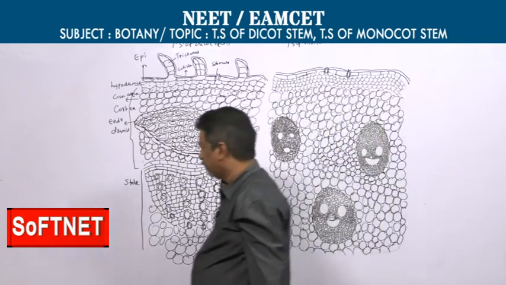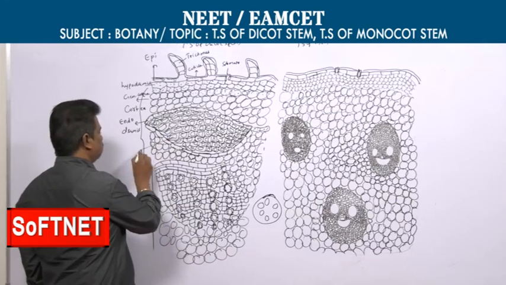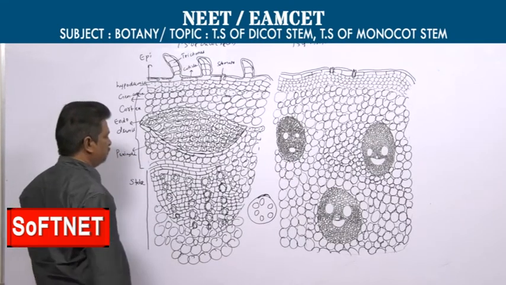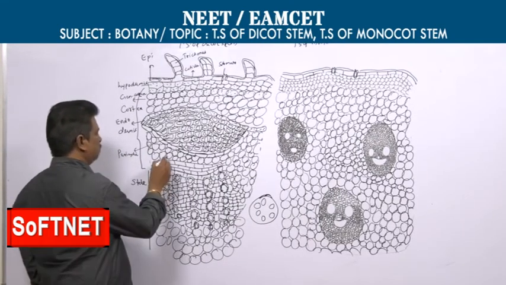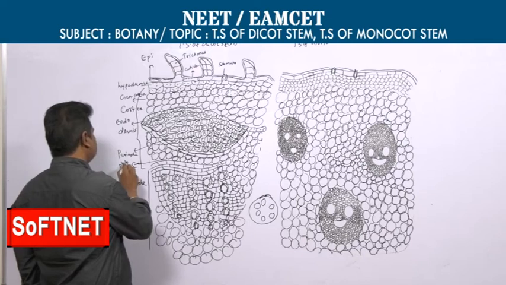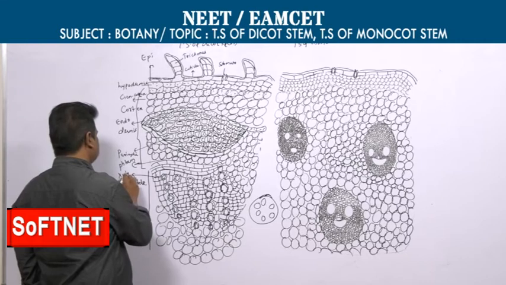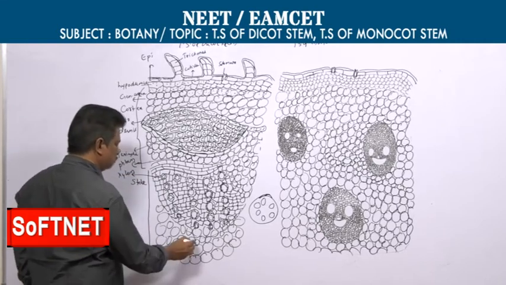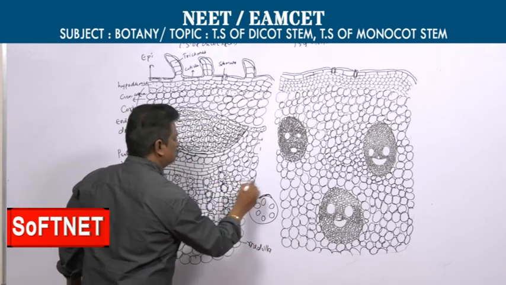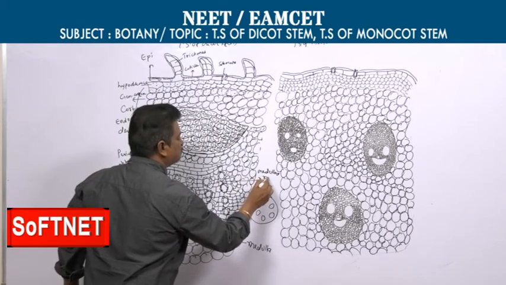Then parts of stele: generally stele shows 4 parts. Among these 4, one is pericycle, then vascular bundles, medulla and medullary rays.